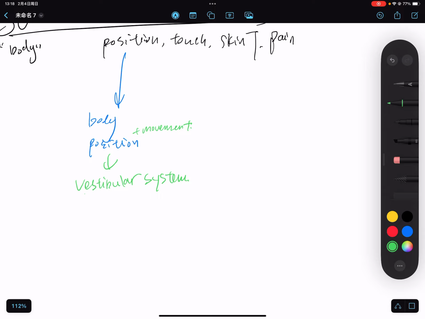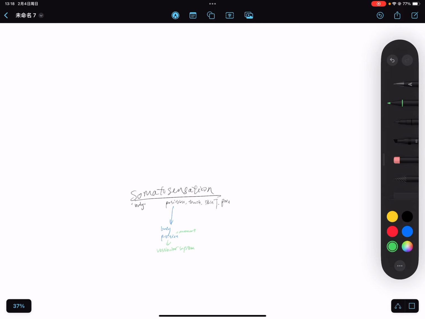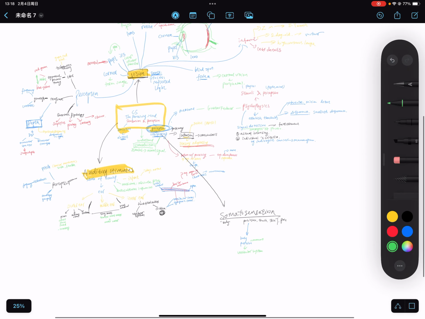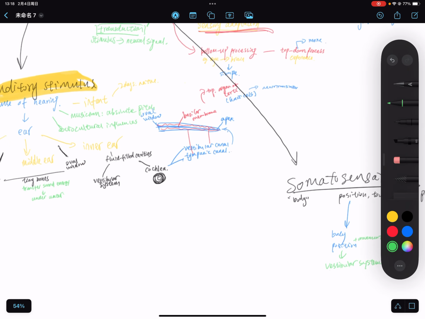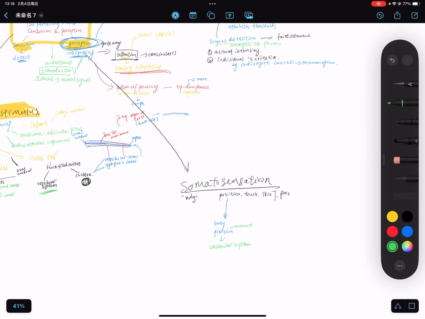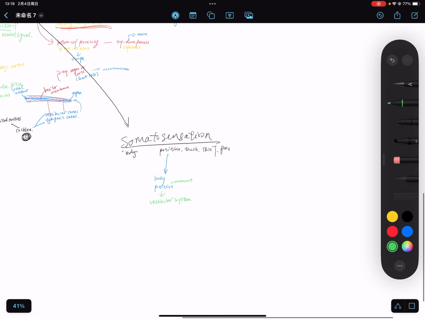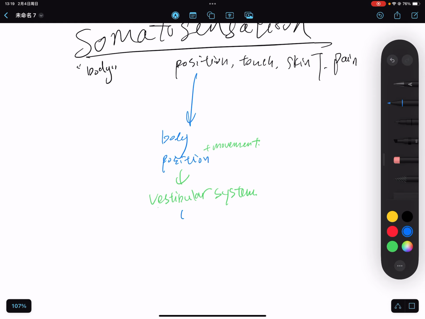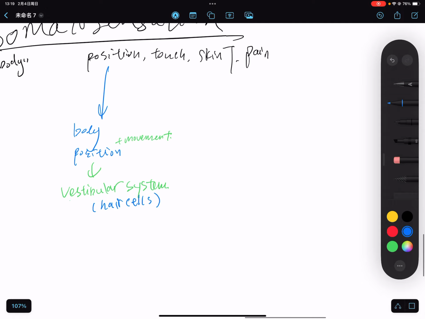Like the cochlea, the vestibular system is right here. It contains sensitive hair cells, just like the cochlea. So it can also transmit a message from the surrounding fluid when the head moves. And the vestibular system is also tightly integrated with visual processing.